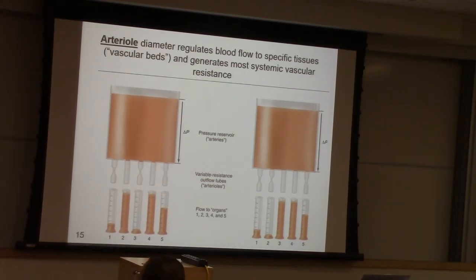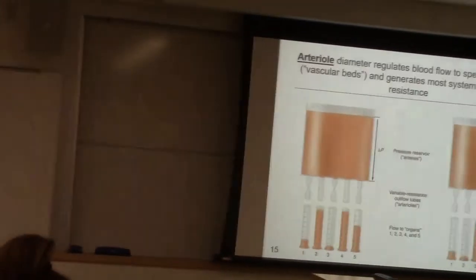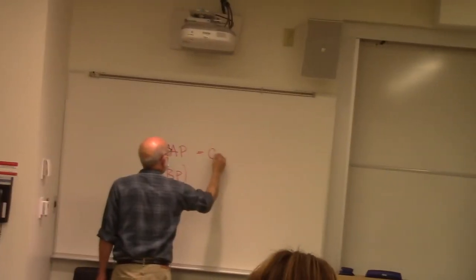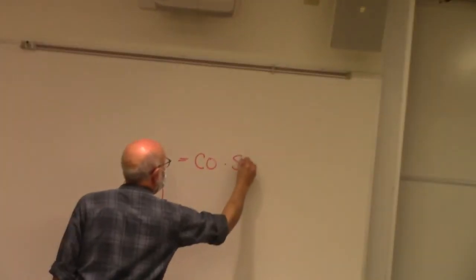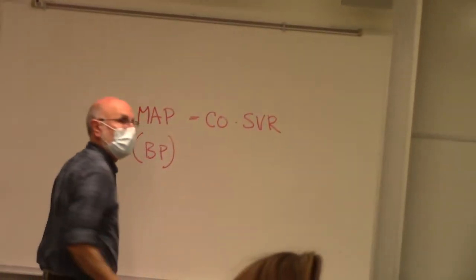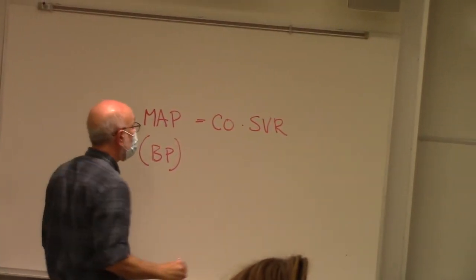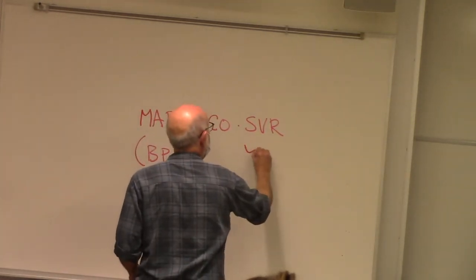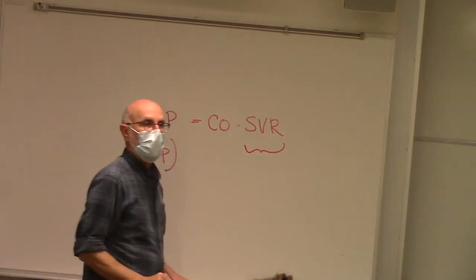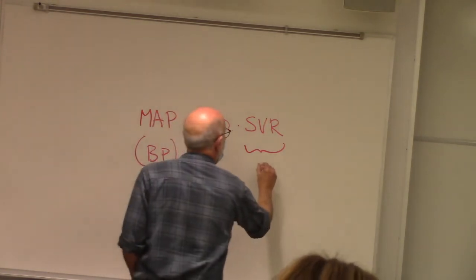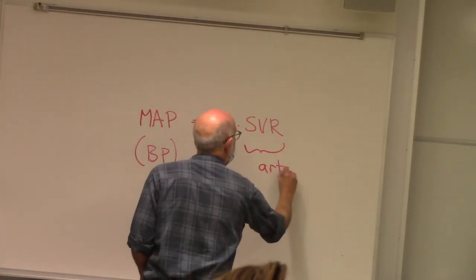Mean arterial pressure, which is just blood pressure, is equal to cardiac output times systemic vascular resistance. And what I'm telling you is that the most important part of the resistance is at the arterioles.